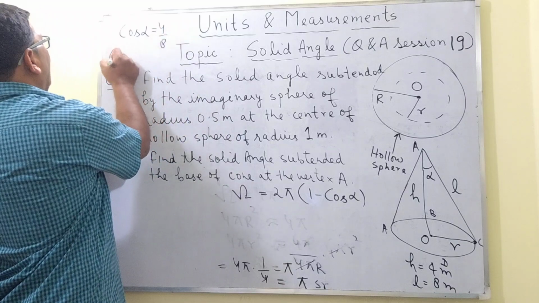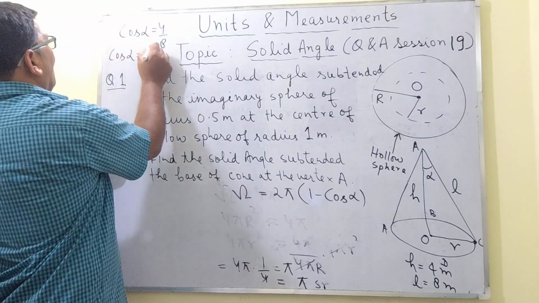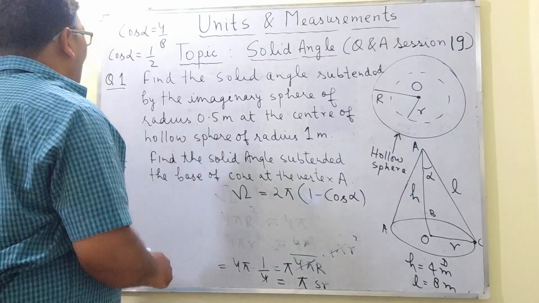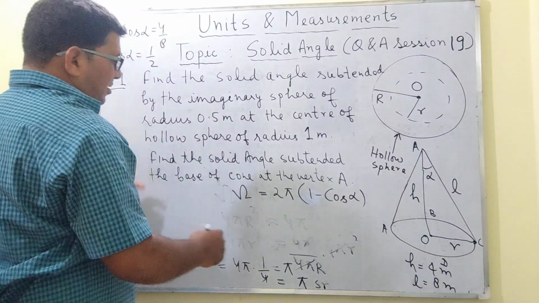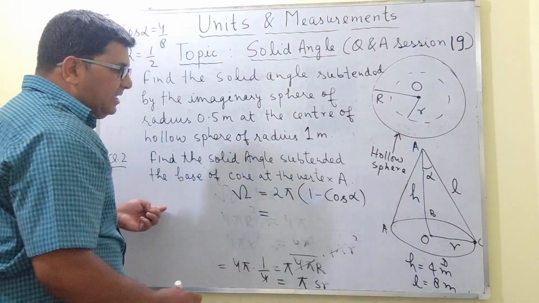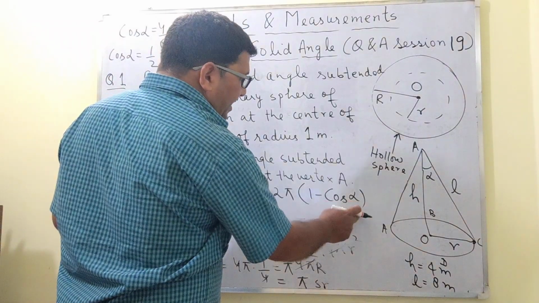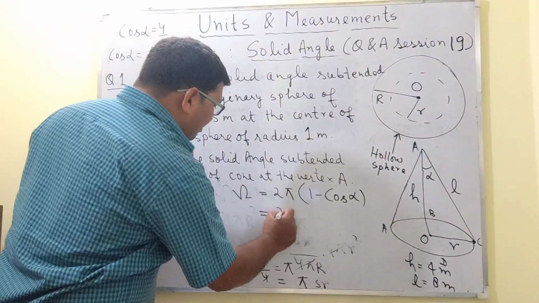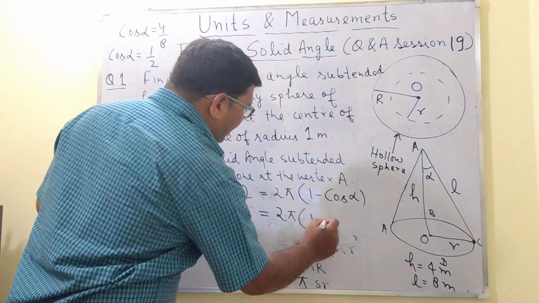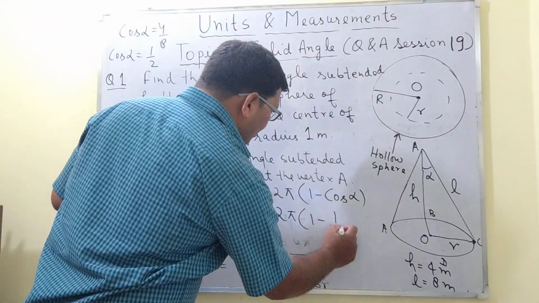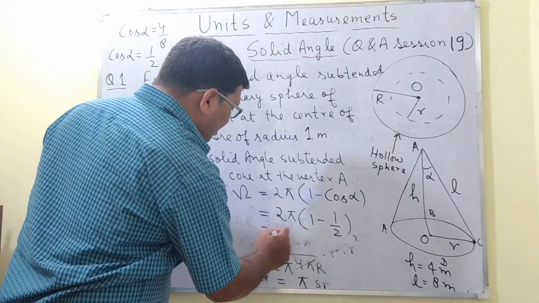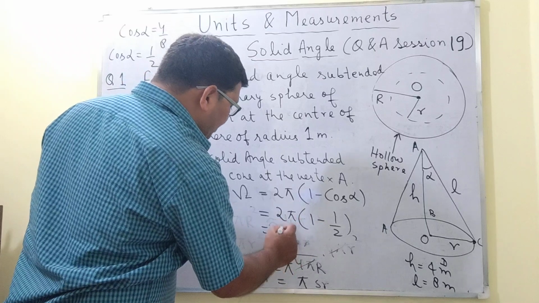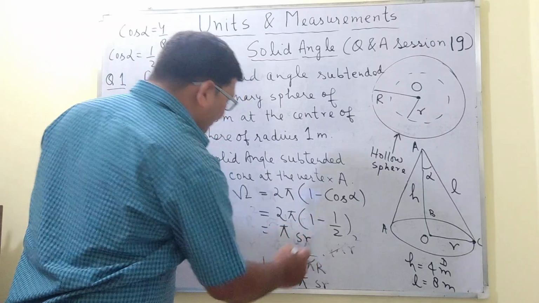So cos alpha will be equal to 1 by 2, or we can say that the solid angle subtended by the base of this cone at the vertex A will be equal to 2 pi into 1 minus cos alpha, where cos alpha is equal to 1 by 2. So this is equal to 2 pi into 1 by 2, which is equal to pi steradian.